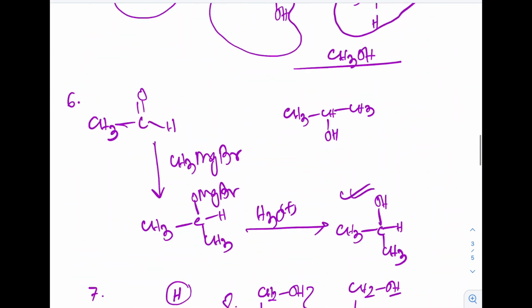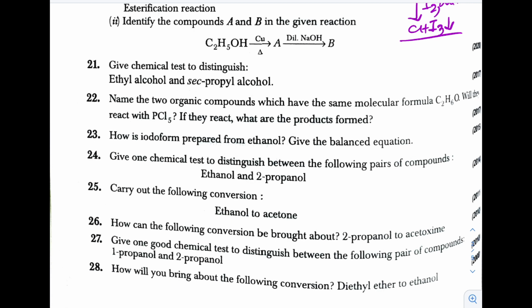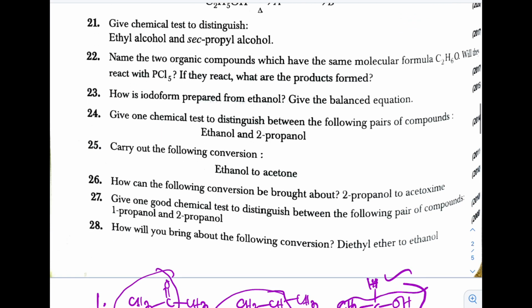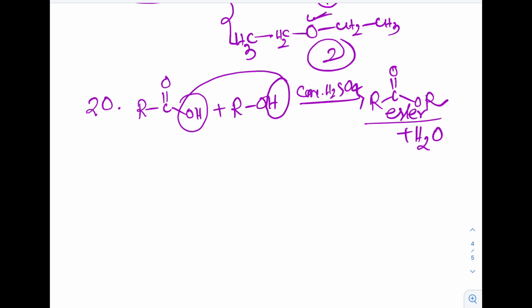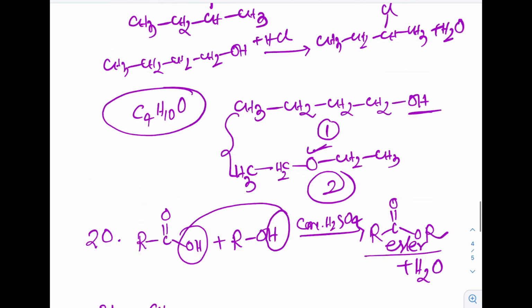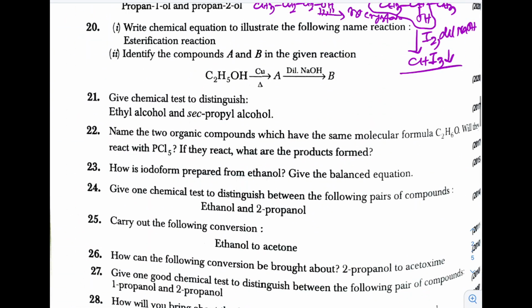Next, we'll move to question 21. Chemically distinguish between ethyl alcohol and sec-propyl alcohol.